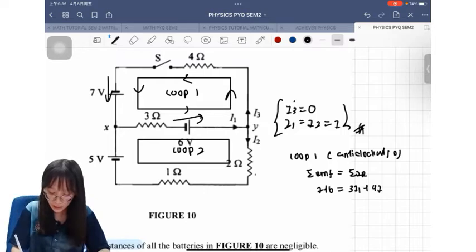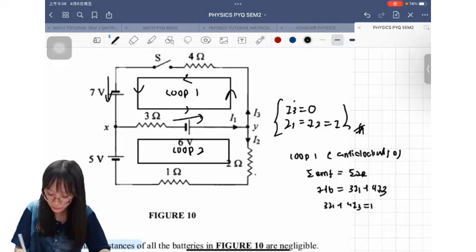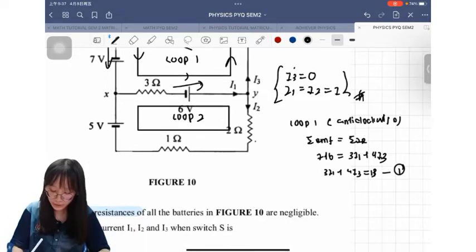So 3I1 plus 4I3 equals 13. This is the first equation.